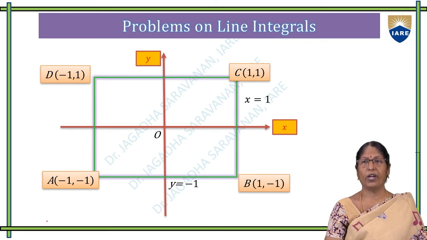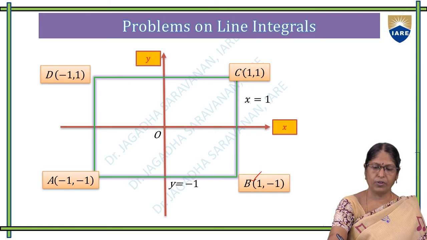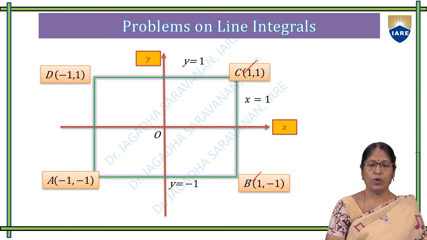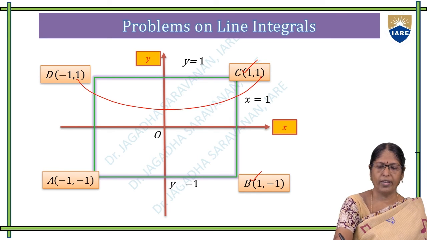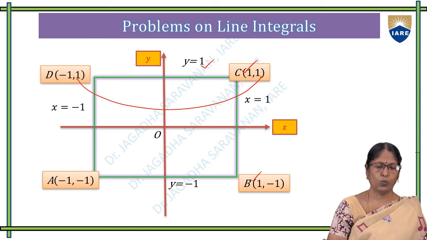So we can say from the figure itself that x equals 1, where I am putting the tick, and y equals 1, which I am just joining. So y equals 1, and x equals minus 1 here also.